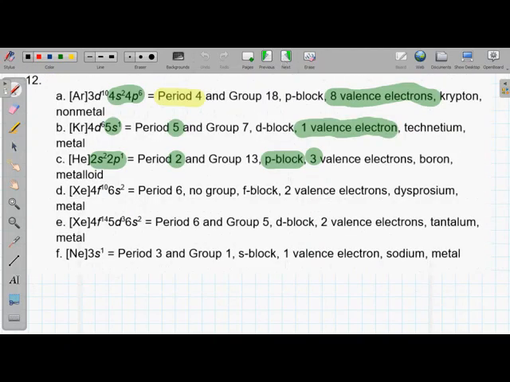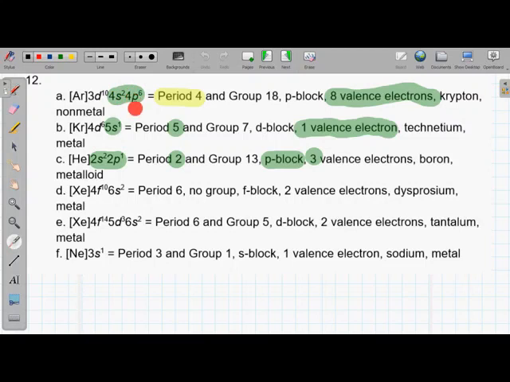All right. Number 12, you had to look at the electron configuration and say what group it was in, what period it's in, what block it's in, how many valence electrons, the name, and the type of element. So if we look at this, the highest number here is 4, so it's in period 4.